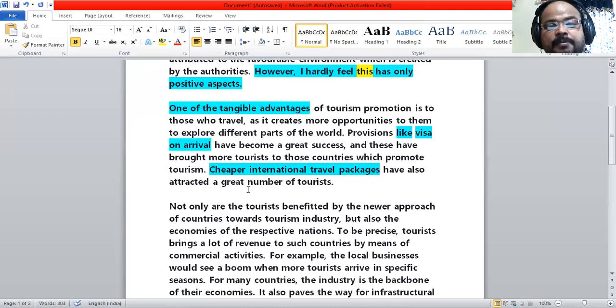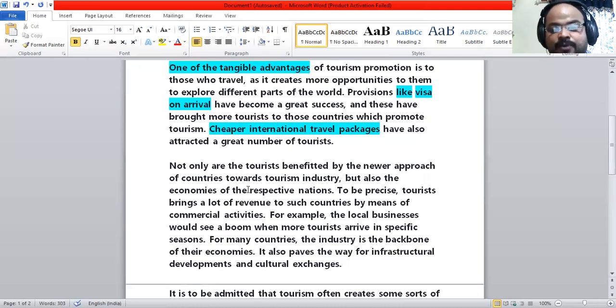Now, the second paragraph is also dealing with the advantages. Not only are the tourists benefited, but also the economies of the respective nations. Both the economy of the nations and the tourists are benefited.